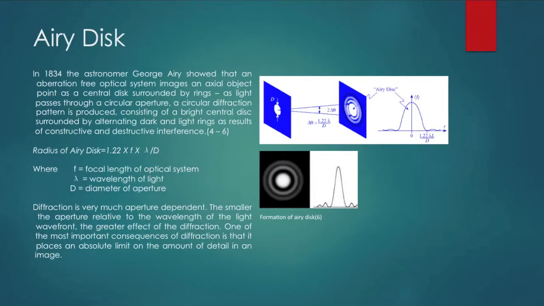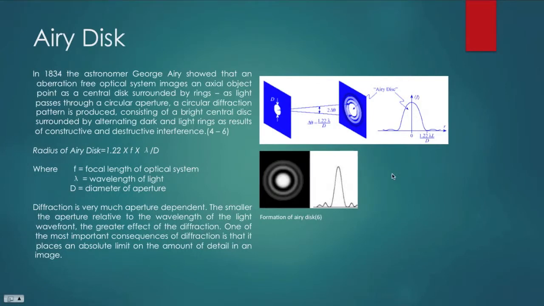It was first described by the astronomer George Airy, and hence the name Airy disk, which describes this circular pattern of diffraction, which consists of a bright central disk surrounded by alternating dark and light rings as a result of constructive and destructive interference, as you can see here.